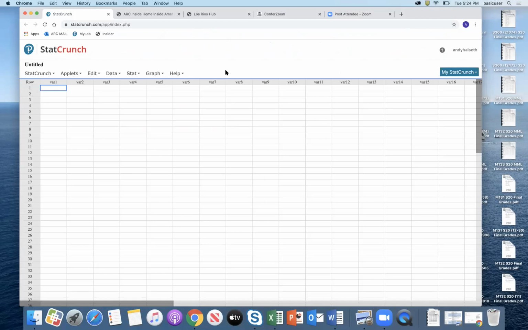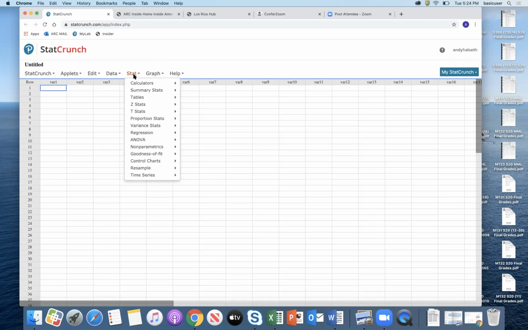These directions you can find in the StatCrunch guide in your notes in modules in Canvas. I go to Stat, Calculators, Binomial, and you're good to go.